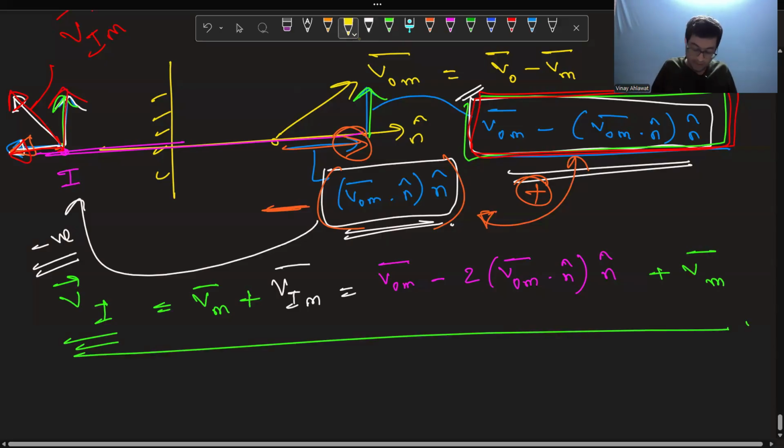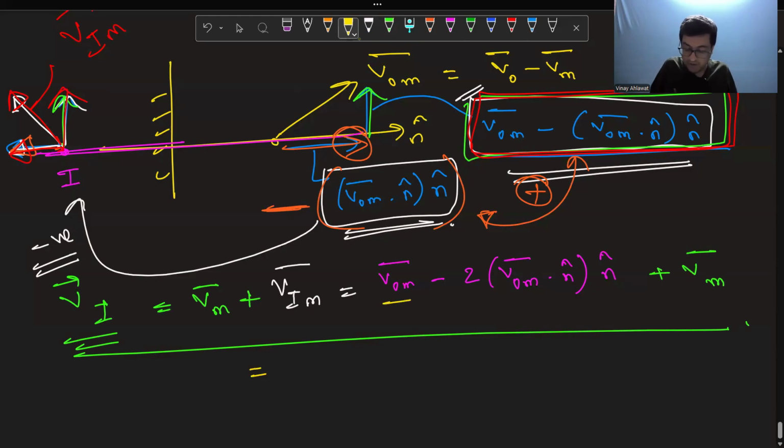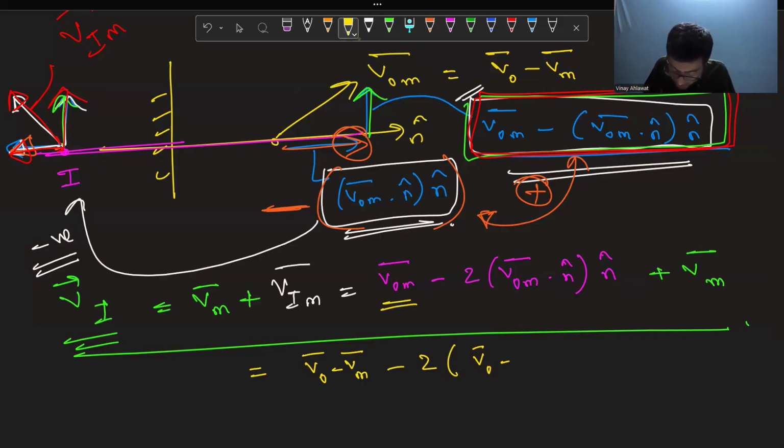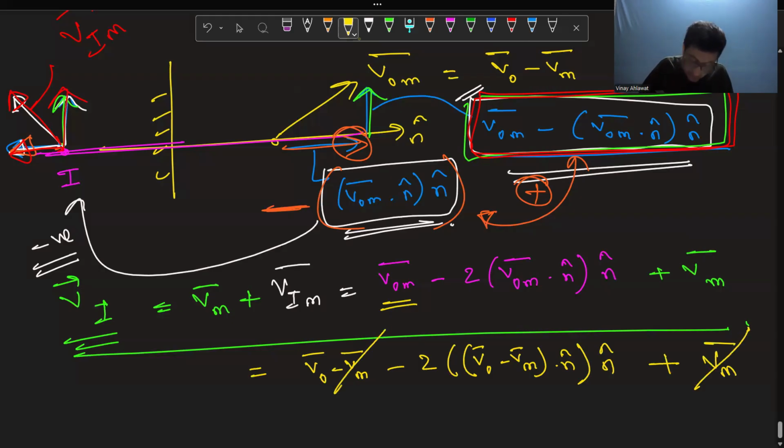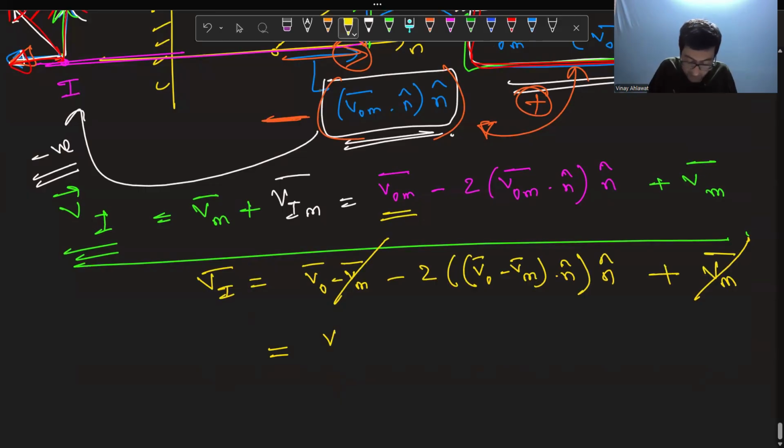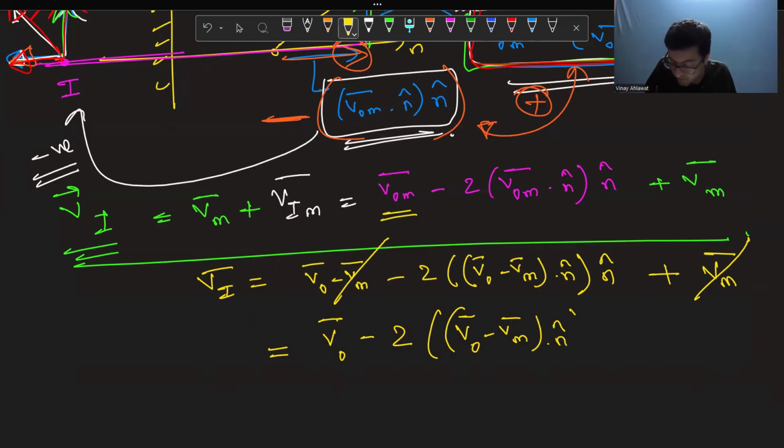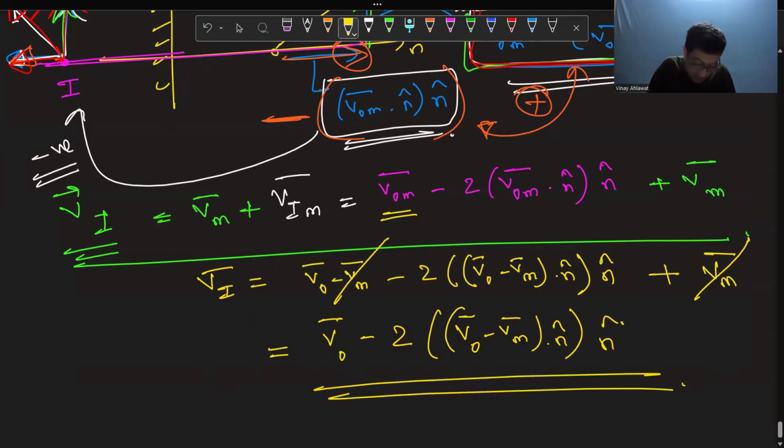I simplify and write this: VOM is VO minus VM, minus 2 times VO minus VM bracket dot n cap, again n cap, plus VM. This cancels out. This is velocity of image. So the expression is VO minus 2 times VO minus VM bracket n cap into n cap. This is velocity of image with respect to ground.